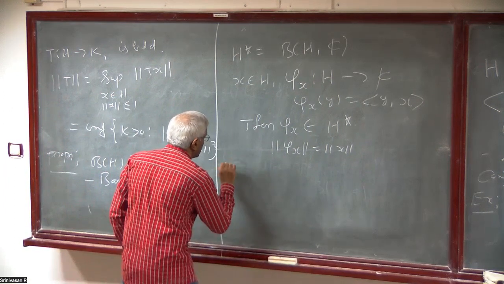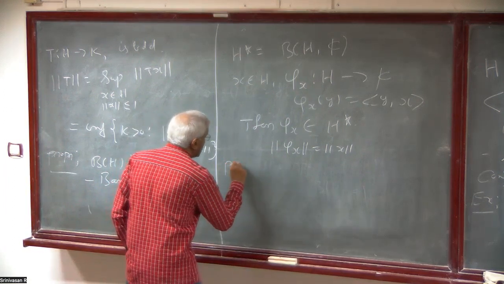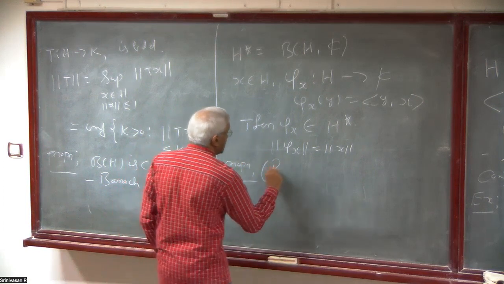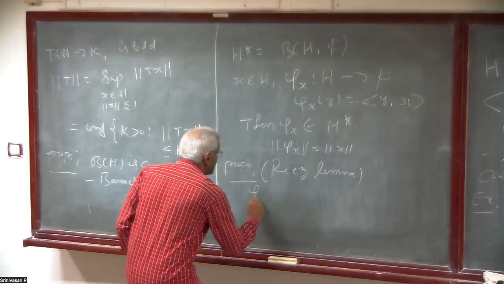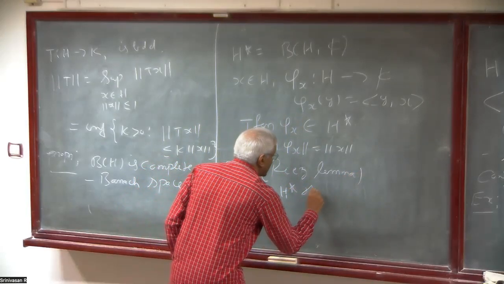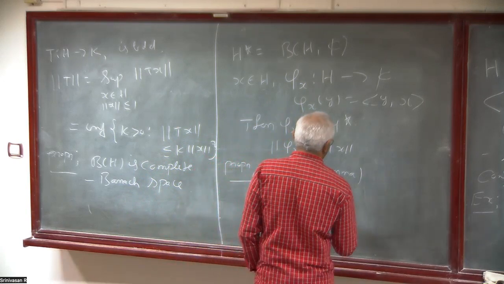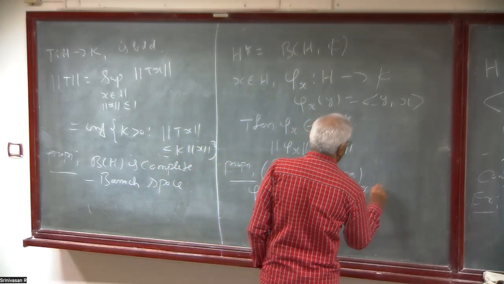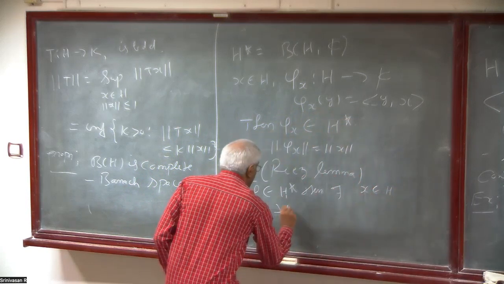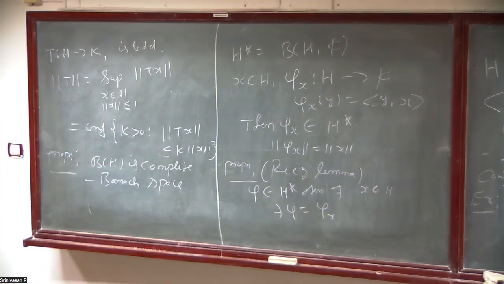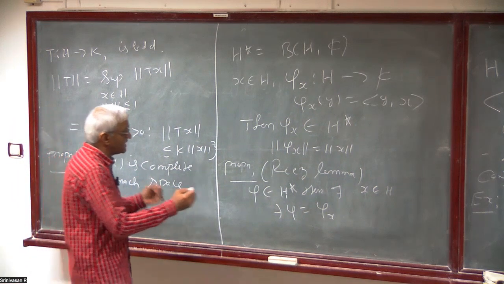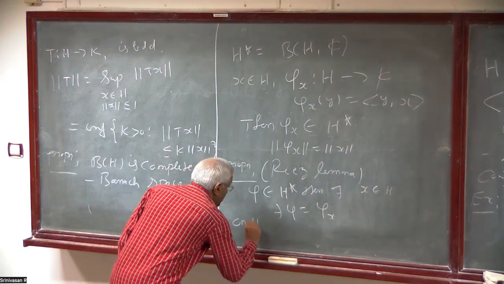It's called a lemma, the Riesz representation. If P is in X star, then there exists x in X such that P is equal to P_x. You can declare another, but this map x going to P_x is not linear, it's conjugate linear. So we can define an inner product on X star.